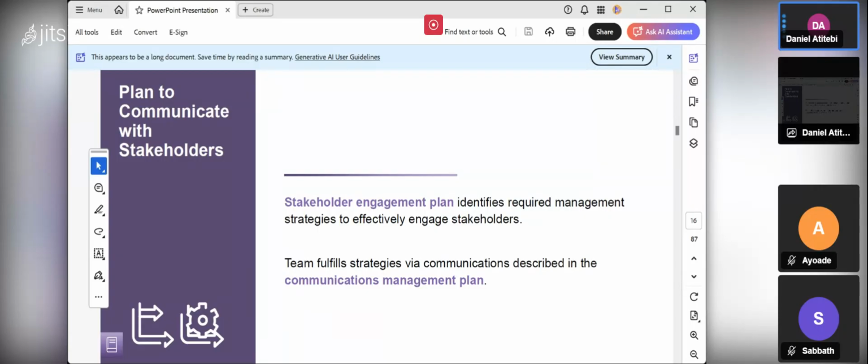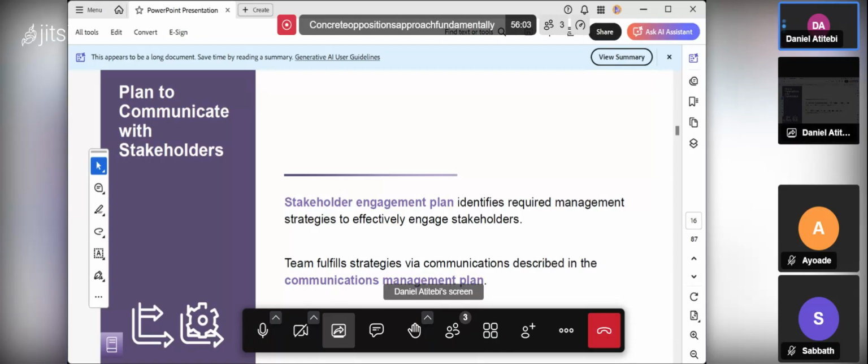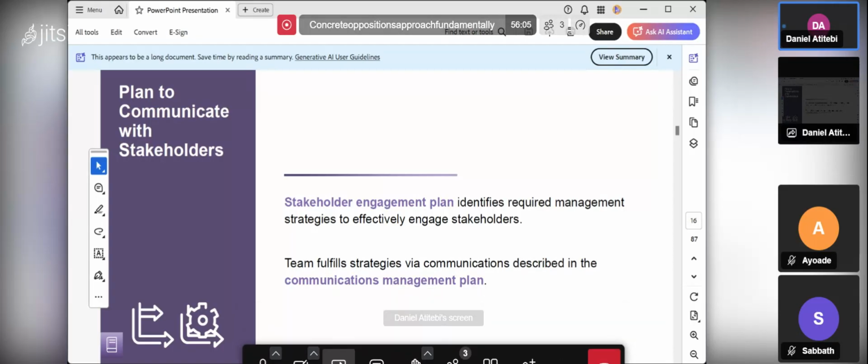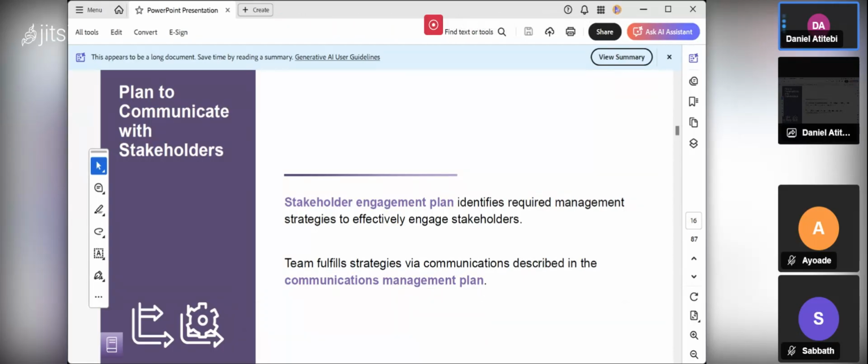So there are two documents you are going to create under this, because in project management, you have to do your work following a particular process that will enable you to achieve your project objective. Can you see? The stakeholder engagement plan identifies the management strategy required to effectively engage with stakeholders.